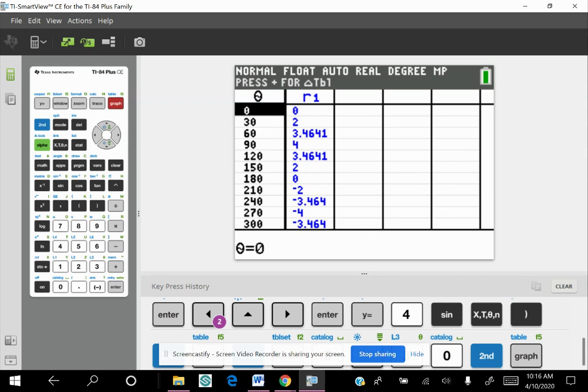And this is what I'm going to copy down. And we're actually going to go all the way up to 360. So we're going to get quite a few points here. I don't know how to have both of these open at the same time. So you guys use your calculator and I'll use mine.